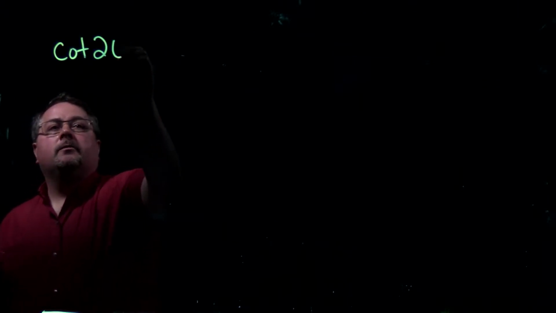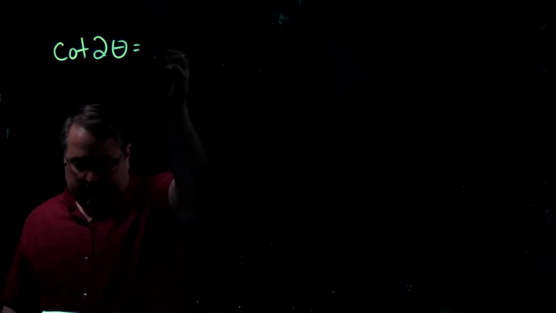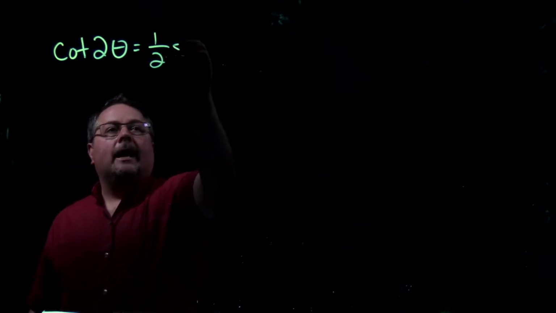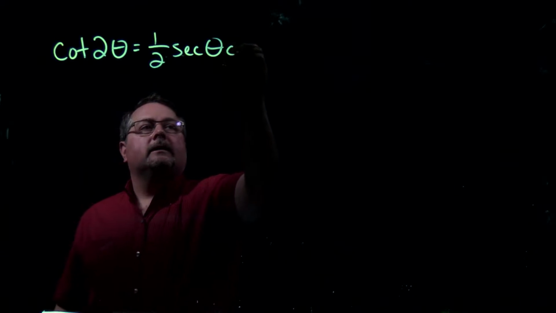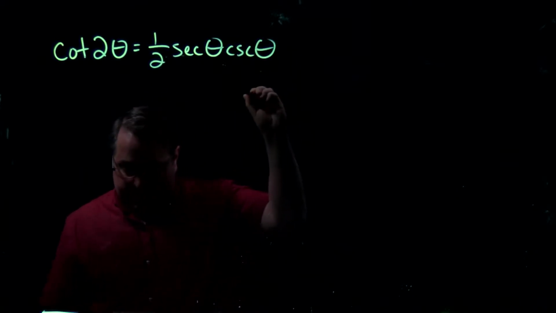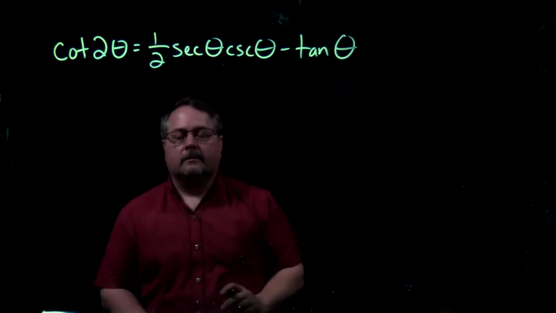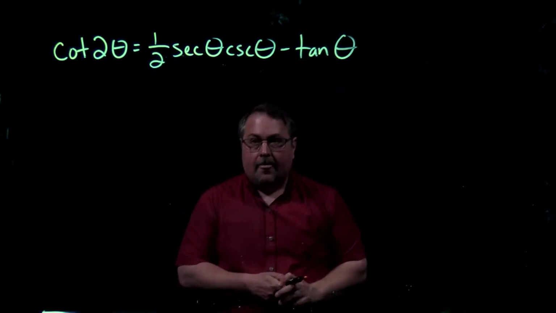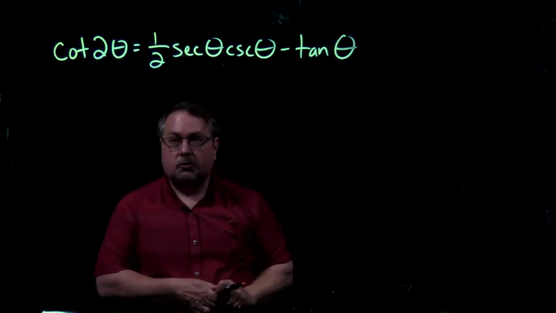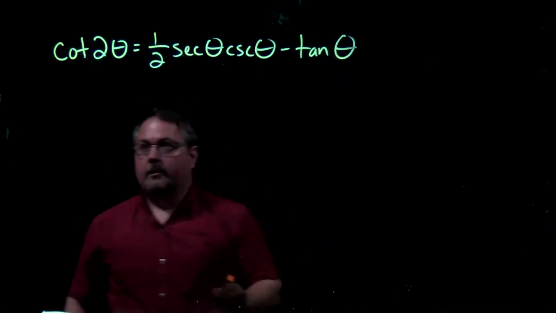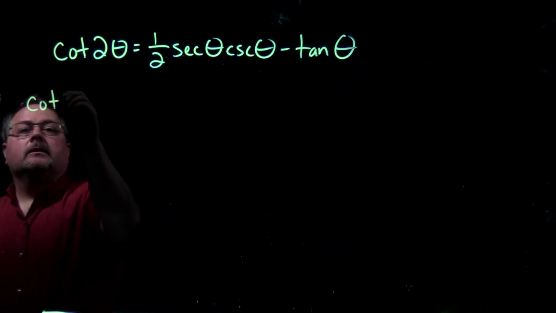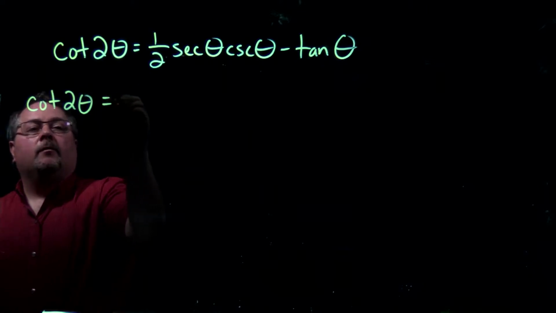Okay, so let's suppose now we wanted to prove the identity cotangent 2 theta equals 1/2 times secant theta cosecant theta minus tangent theta. Okay, so again, we're starting out with, if we look at the left-hand side, something we don't exactly have a formula for.